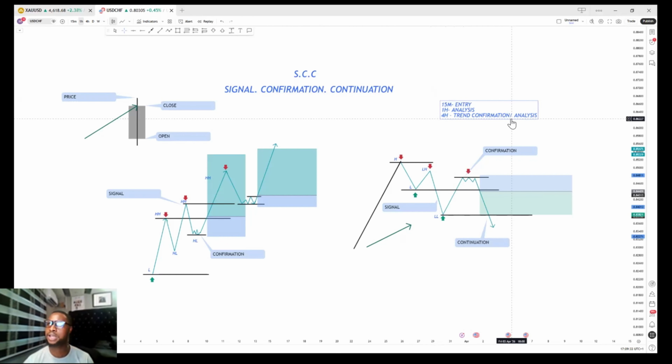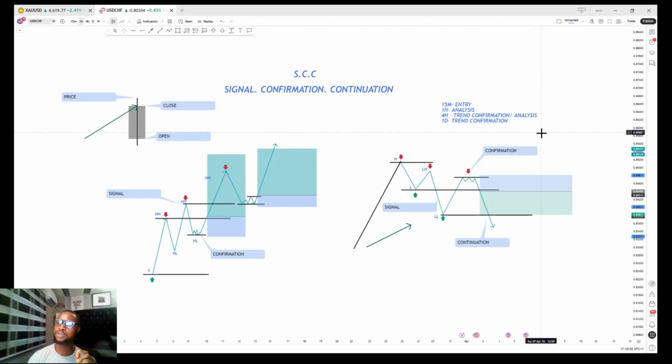So you can use your daily to identify. Matter of fact, let me just add it right here. 1 day. Trend confirmation. So you can use your 4 hours for the trend confirmation and then your analysis.